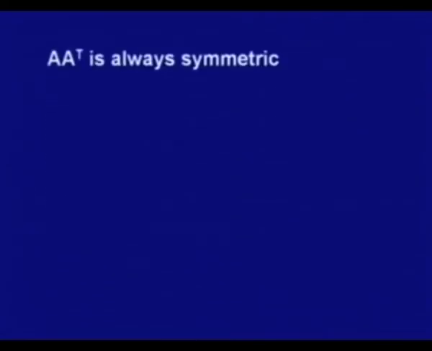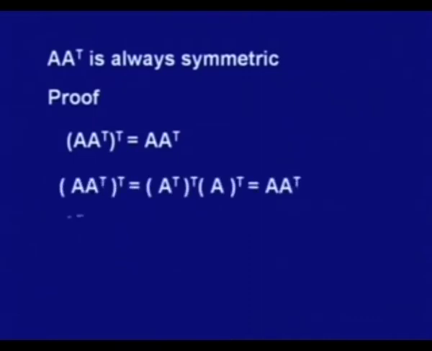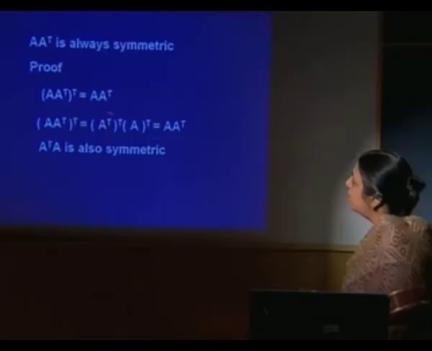Then one can prove that A multiplied by A transpose is always symmetric. To prove this, we start with the transpose of A A transpose, and if this comes out to be A A transpose, then we have proved the result. So, I start with A A transpose, transpose.